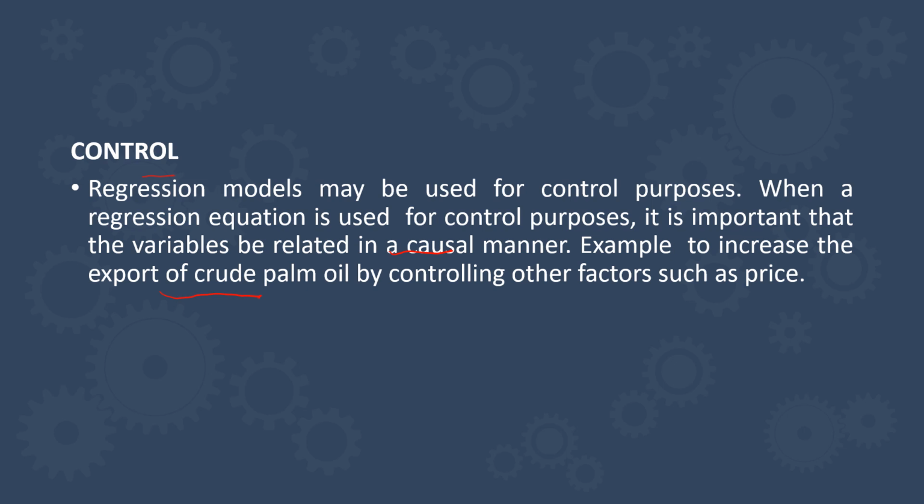By controlling factors such as price, we can analyze how changes in price might affect the export levels. By understanding these relationships, we can implement strategies to control and optimize the desired outcome. So that's one of the uses of regression analysis.